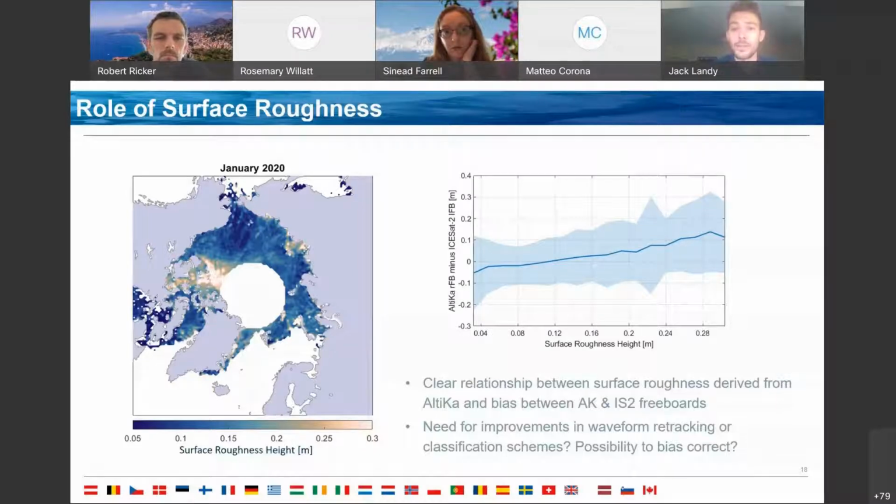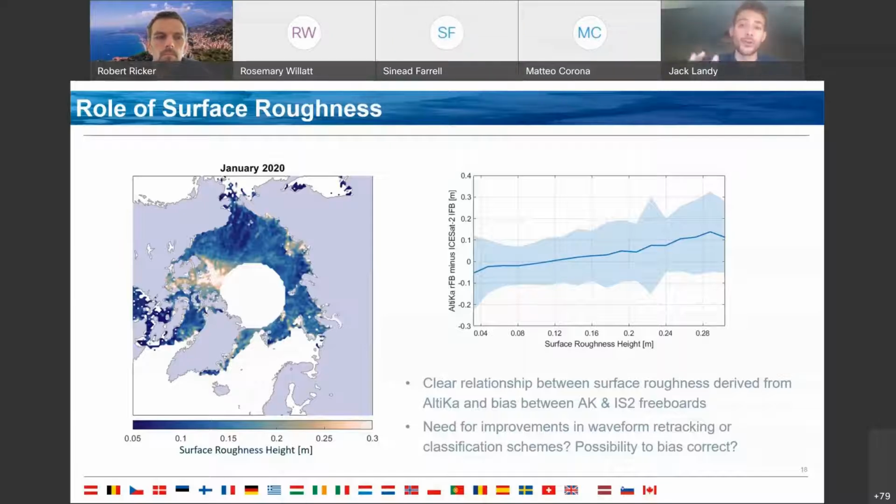Because there is a systematic relationship here, this tells us that this bias between the two sensors is related to the surface roughness. What this suggests is that either our waveform simulations for Antarctica, and perhaps also for CryoSat-2, may not be fully characterizing the role of roughness. It may also be related to the waveform classification scheme.